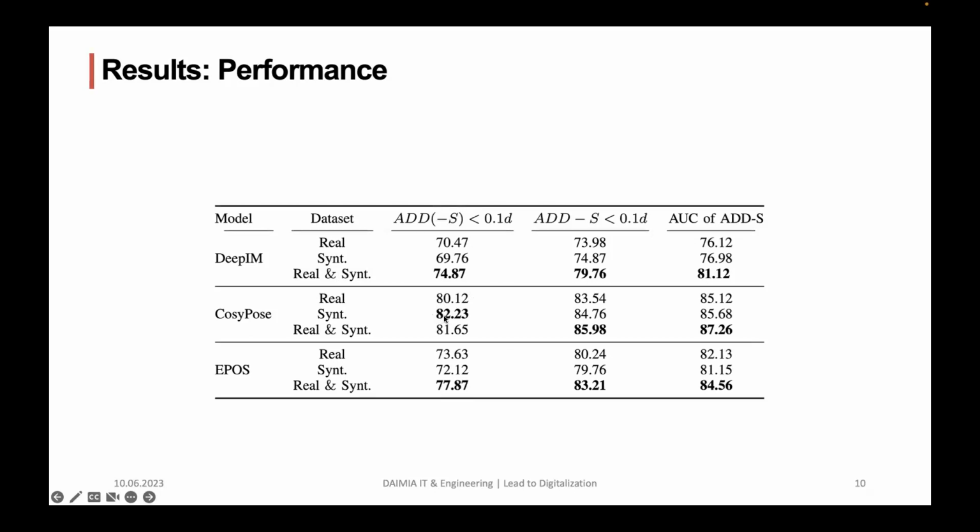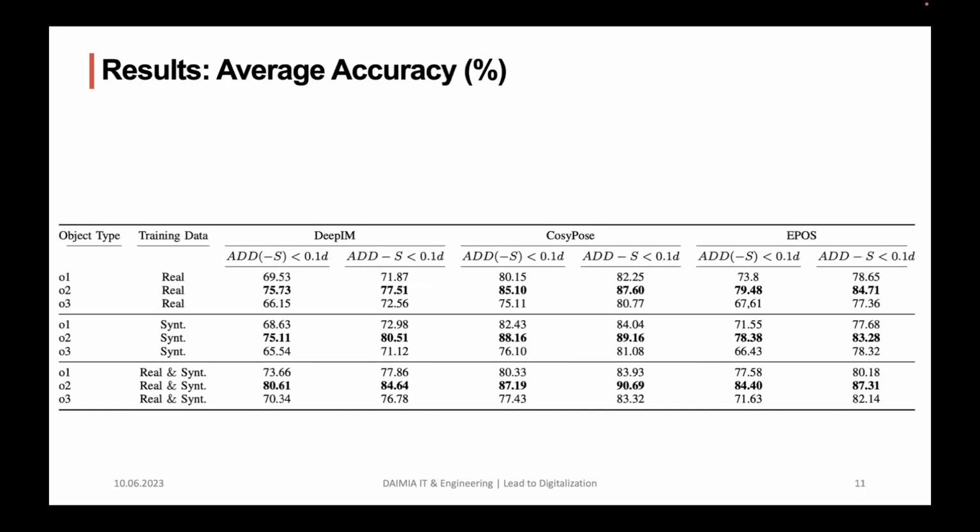CozyPose is performing best in the synthetic model, but in other metrics on the real and again in the hybrid model. And lastly, ePose is performing best on the hybrid data set.